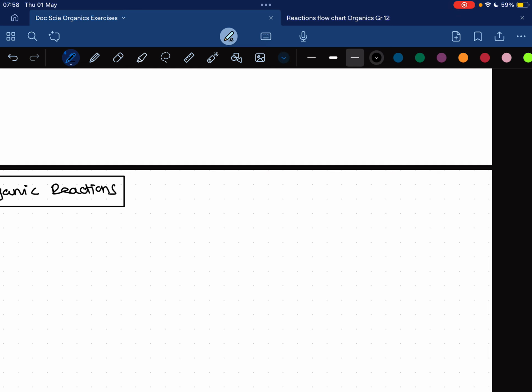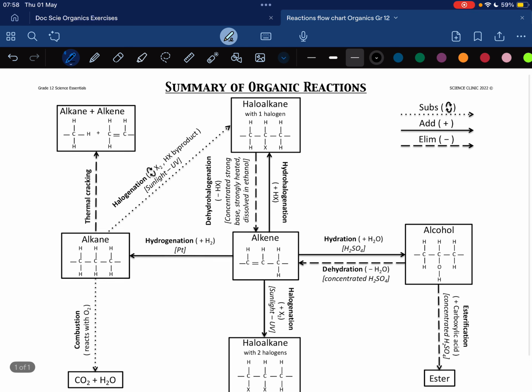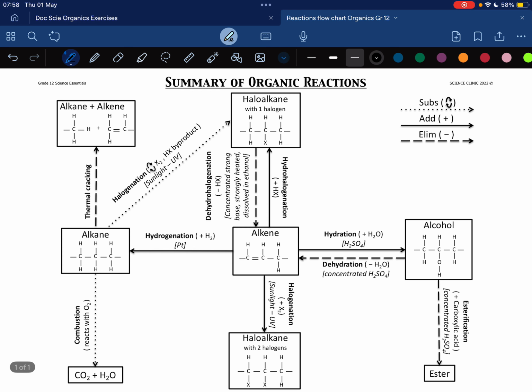Okay, it's something that you have to just keep learning, and if you have a look, you would have got the A3 page with a flowchart for these organic reactions. So it should look something like this, where it says a summary of the organic reactions.